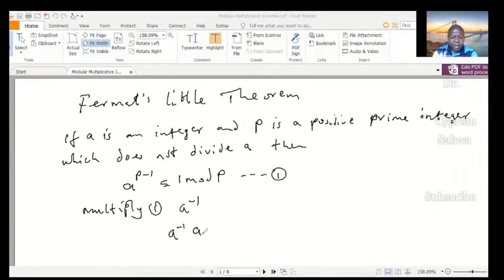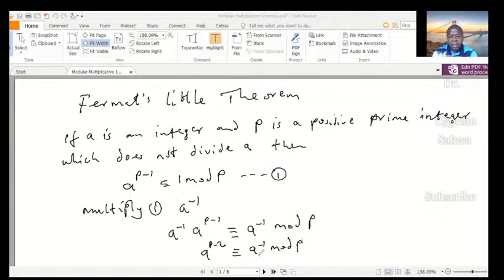So A times A to the p minus 1 is congruent to the inverse of A mod p. What you notice is that these are indices and the base is the same, so we would have A raised to p minus 2 being congruent to the inverse of A mod p.